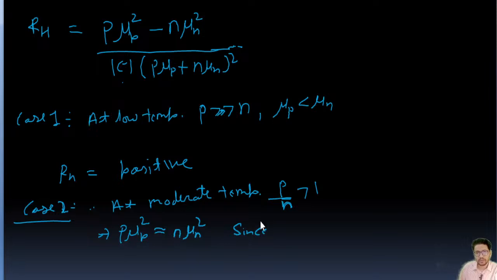Since we have been given that mu P is less than or equal to mu N, and the ratio of P upon N is greater than 1, these two values are almost equal. It means the RH value is going to be 0.